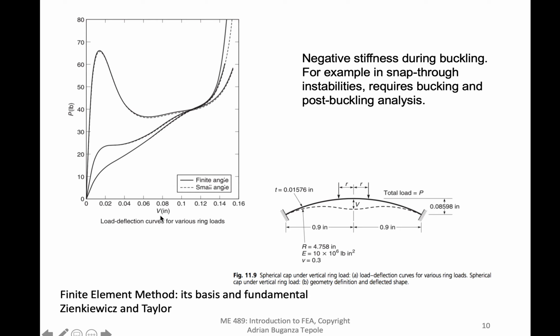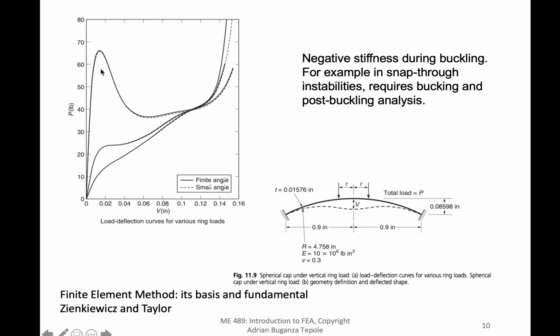This is the deflection of the curve and this is the load. So here the load decreases as this thing deforms. That's the negative stiffness part of the curve. In this process it's easier for the beam to deform without extra load. So your load will go down as this happens, and then it will slowly go back up again once this thing is flipped.